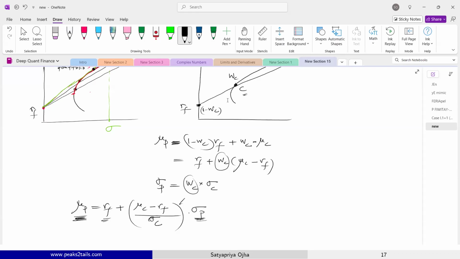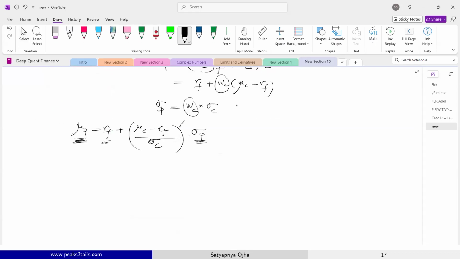So let me introduce a new symbol: mu P equal to RF plus SC times sigma P. What is SC? SC is the slope. Why did I take C? Because this has parameters related to C, mu C and sigma C, correct? So this is my slope.